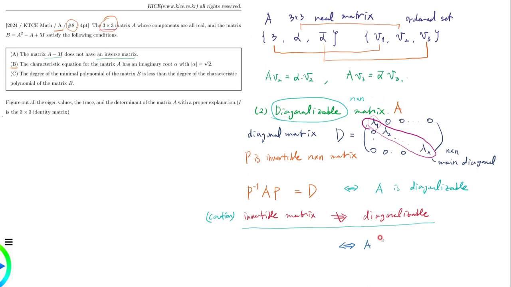this n by n matrix has an ordered basis consisting of its eigenvectors.